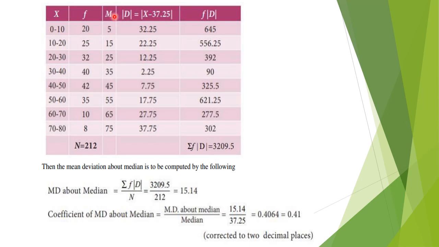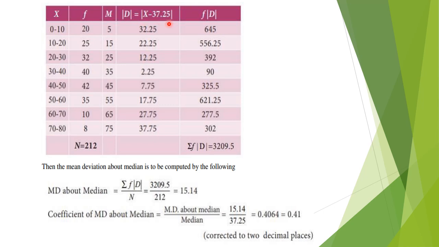Now we find modulus of d, that is modulus of x minus 37.25, the median calculated earlier, subtracting from all the observations. The next column is frequency into deviation. With the help of a calculator we find all these values. Sum of frequency is 212 and sum of fd is 3209.5.